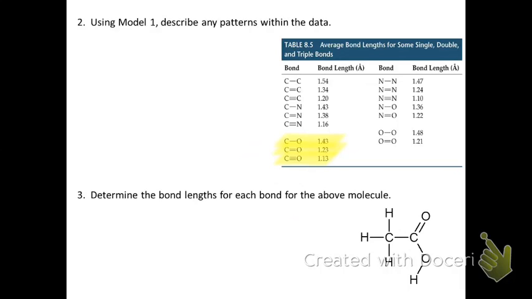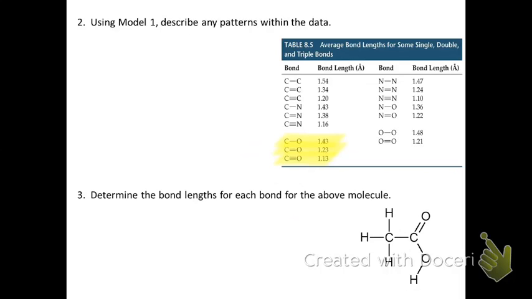So in your notes, what I want you to write down is that triple bonds have shorter bond lengths than double bonds, and double bonds have shorter bond lengths than single bonds. And you should be able to pretty much see that within the trend of this table. So make sure you get that down.